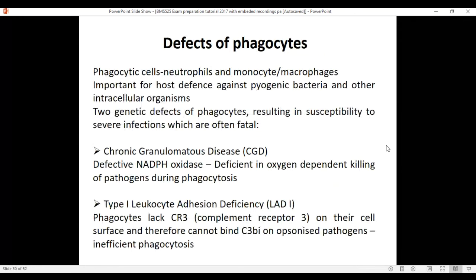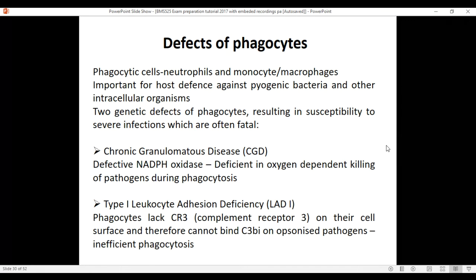So the next thing is to provide a conclusion. And one way to provide a conclusion or context is to discuss what happens when you have defects in phagocytes or phagocytosis. Okay, things like chronic granulomatous disease, where you'll get defective respiratory burst due to defective NADPH oxidase, and also you can have type 1 leukocyte adhesion deficiency, LAD1.